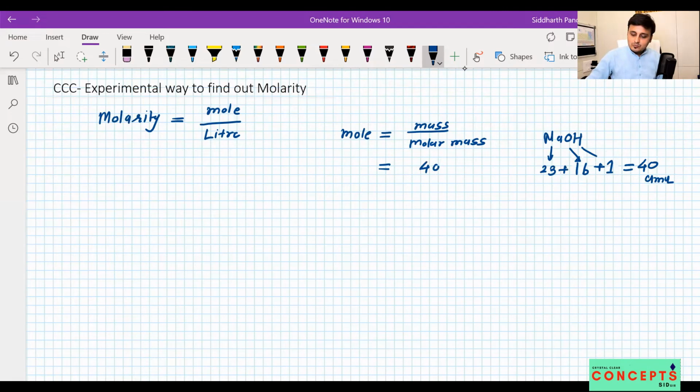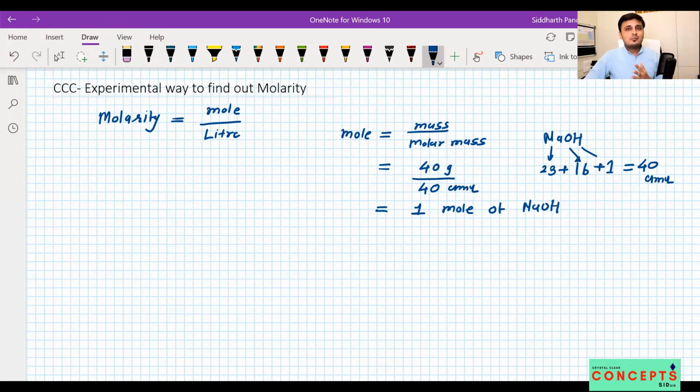Suppose we take 40 gram NaOH and divide it by its molar mass, 40 AMU. We get the answer 1, and that 1 is called 1 mole of NaOH. Actually, we want to prepare 1 molar solution, which requires 1 mole of NaOH. So we have to weigh 40 gram of NaOH.